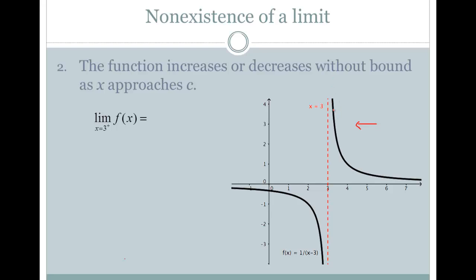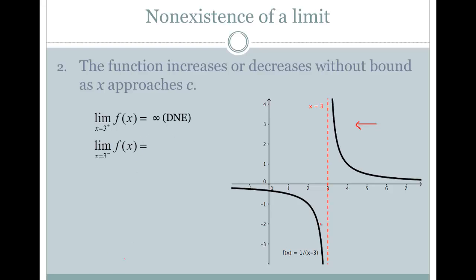Okay, this is actually going to go off to positive infinity because I'm going to get 1 divided by a really small positive number. Remember, I'm coming in, I got 3.00001, something of that nature. So I'm going to get a really small positive number in the denominator, and so I'm going to go off to positive infinity here. Okay, does not exist.